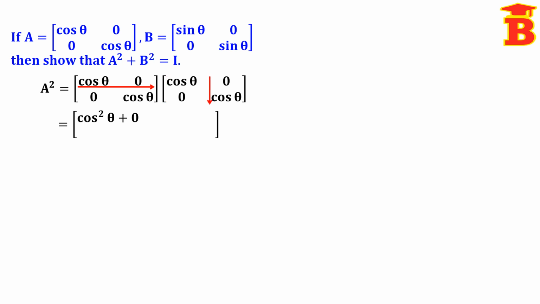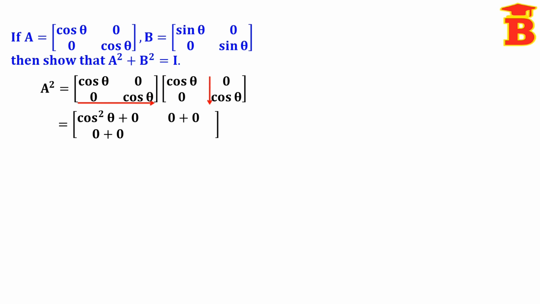Next, first row, second column: cos theta into 0 is 0, plus 0 into cos theta is 0, because 0 multiplied by any number is 0 only. This is the first row answer. Take the second row and multiply the columns. Second row, first column: 0 into anything is 0, plus again 0 into anything is 0.